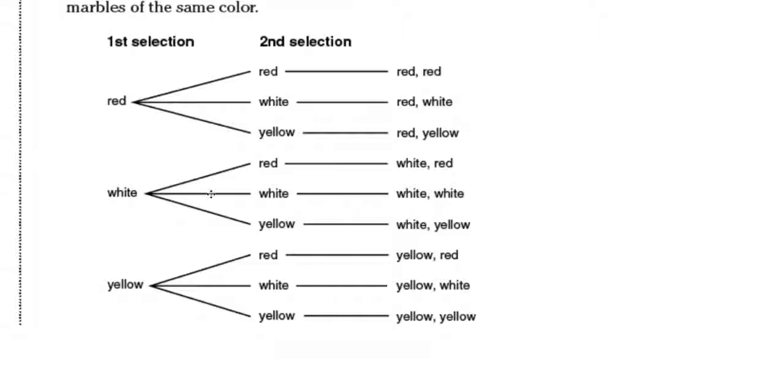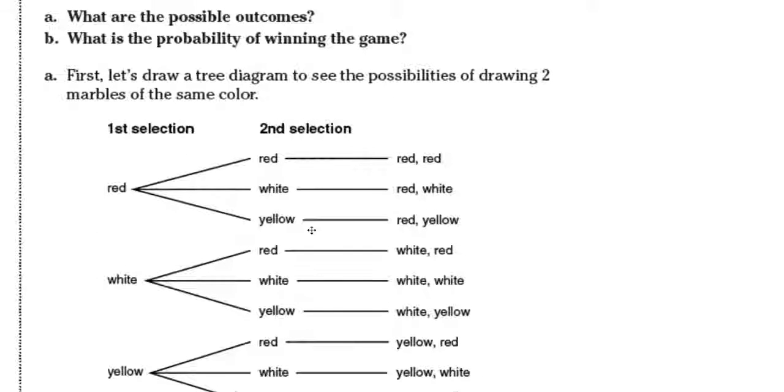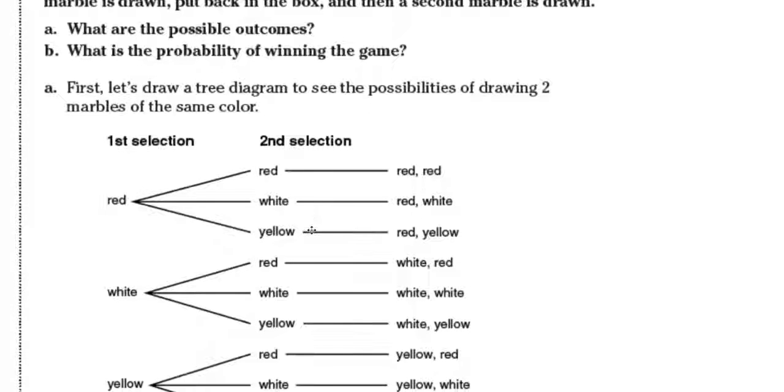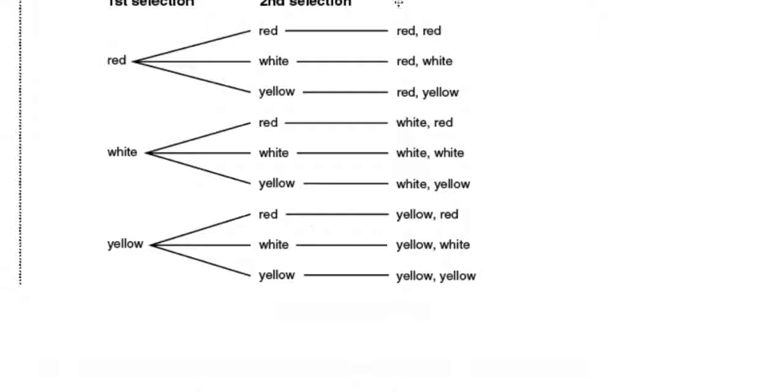So you multiply those 2, and you end up with 9 possible outcomes. But it's asking, not the number, what are the possible outcomes? These are all the possible outcomes for letter A. There are 9 of them.